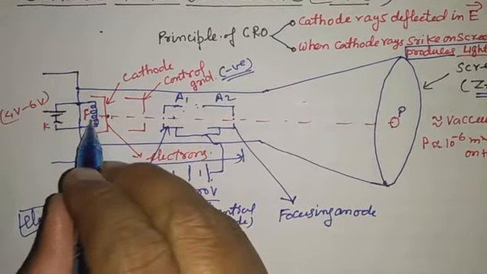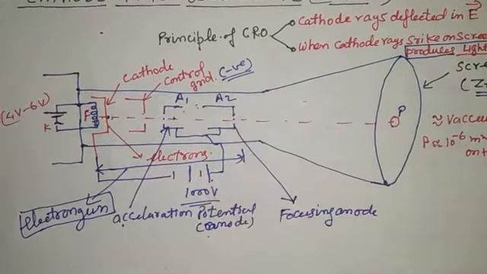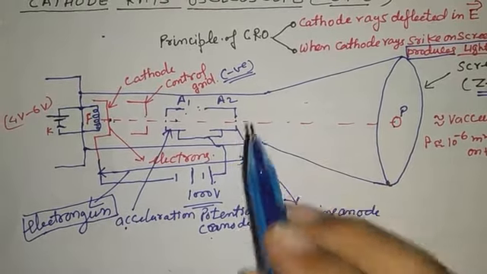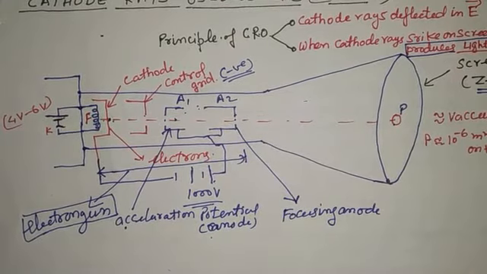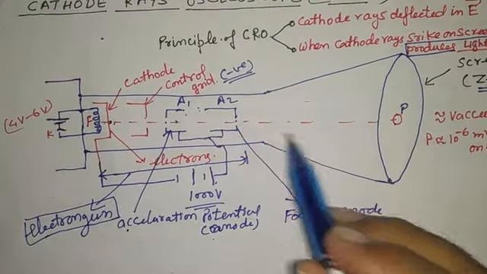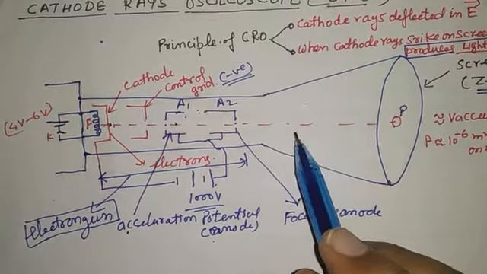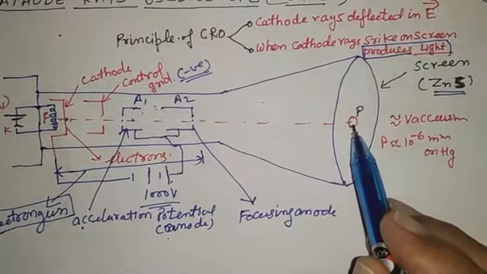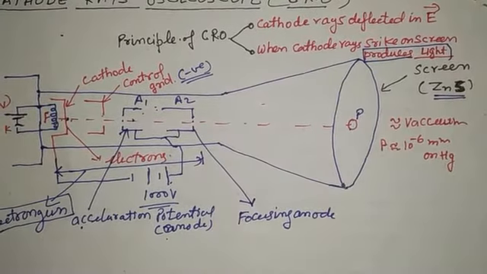Because this device from here to here is utilized to produce a fine beam of electrons or cathode rays with the required momentum, required kinetic energy, required velocity, to allow it to fall here on the screen.